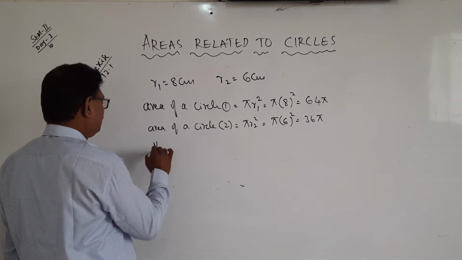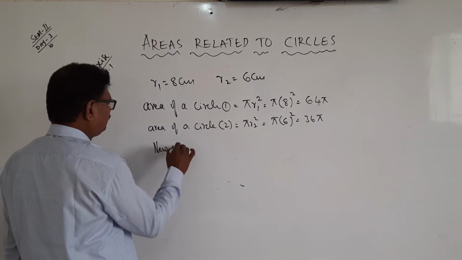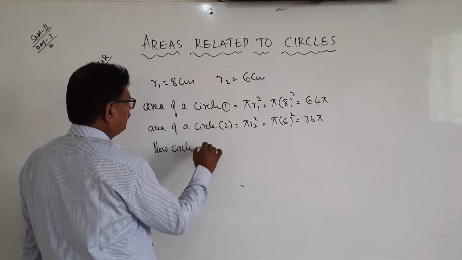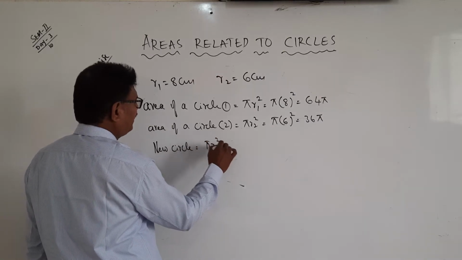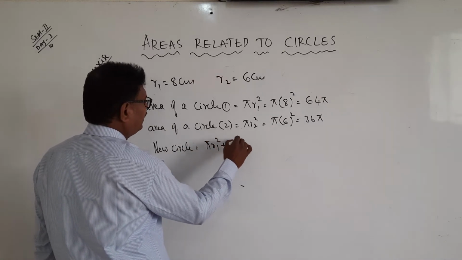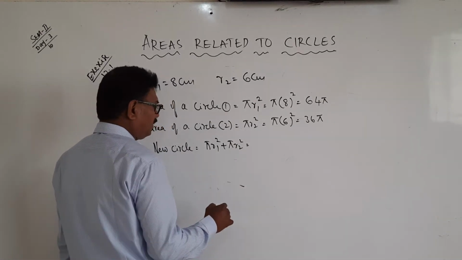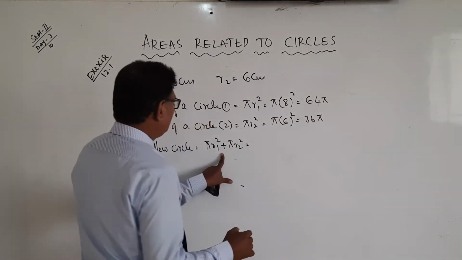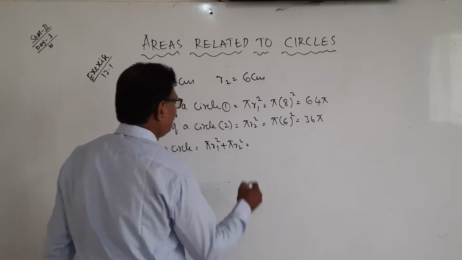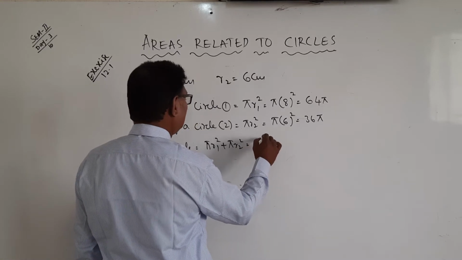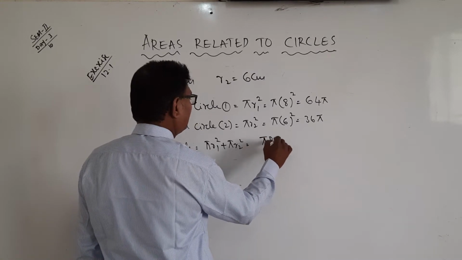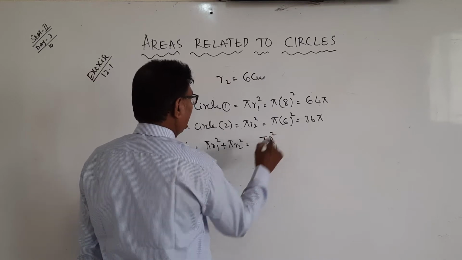Now the new circle: pi r1 square plus pi r2 square equals pi r square.